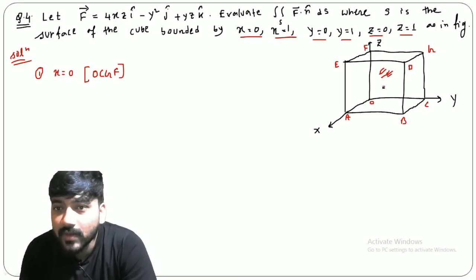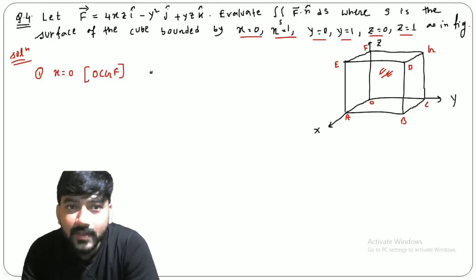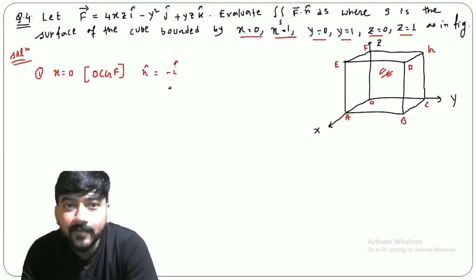N cap is the outward normal, so the outward normal will be behind the x-axis, that means minus i cap. So n cap is here minus i cap. Okay, so what is F dot n cap?